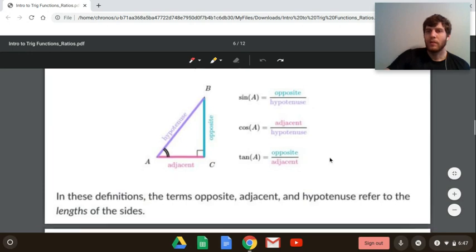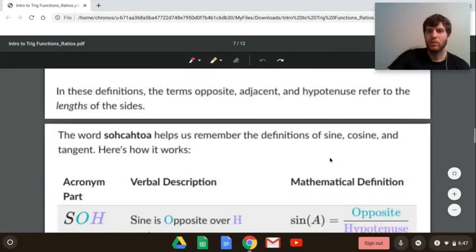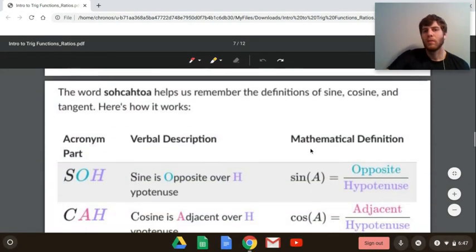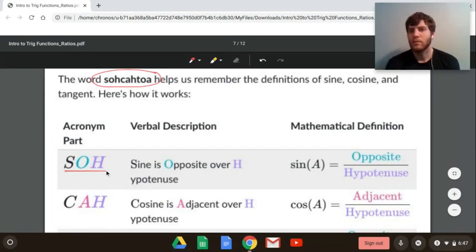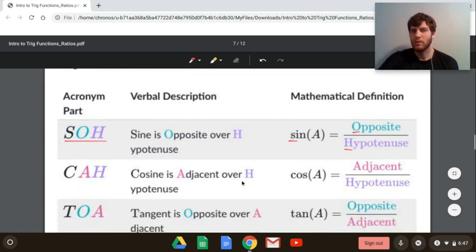Okay, and I know you guys have had some exposure to this in Algebra 2. The mnemonic you used to remember that was SOHCAHTOA, right? SOH: sine is opposite over hypotenuse. The S here is the sine, and OH is opposite over hypotenuse.